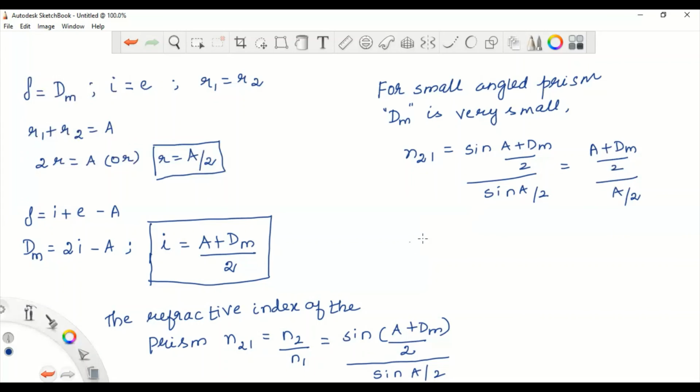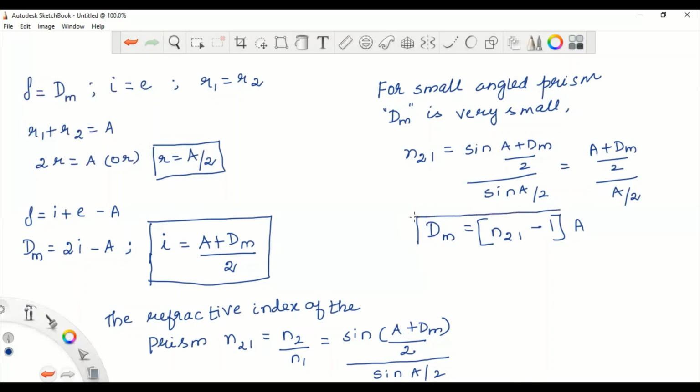So after doing all these things, you will get the minimum deviation. Minimum deviation is equal to N21 minus 1 into A. Okay. So this implies that thin prisms do not deviate light much.